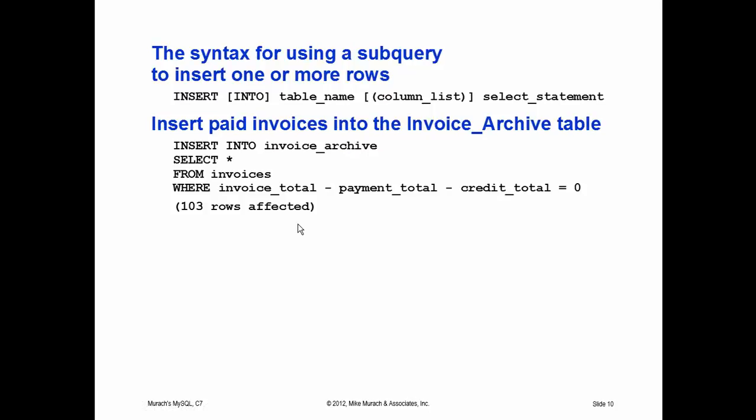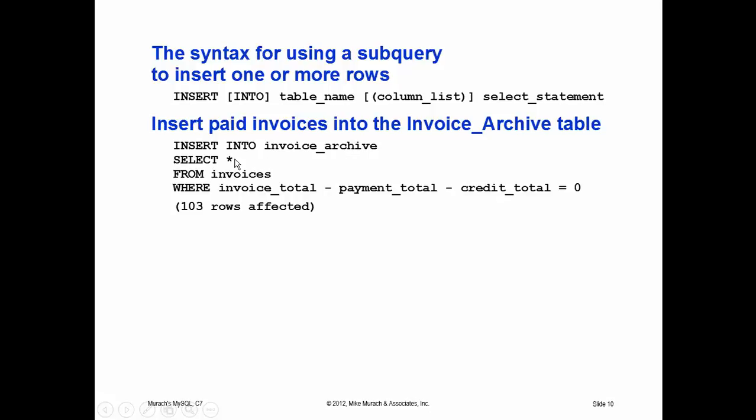Now, this is on subqueries, and we're going to hit on subqueries in, what is that, around Chapter 7? Yes. All right, so we will talk about subqueries in Chapter 7, but a subquery is a query within a query. So really what's going to happen here is this select is done first, and then the result set is used as the input into this insert into invoice archive.